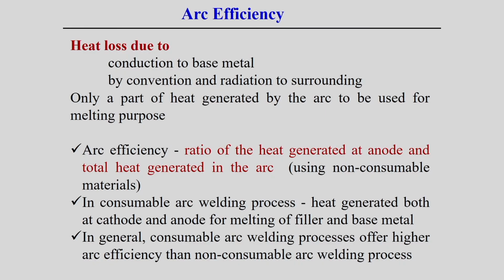Now, we can look into the other terminology, arc efficiency. Arc efficiency can be defined as follows: between the workpiece and the electrode there is a gap, and within the gap the arc is created. When the arc is created with the application of a certain current and voltage, not all the energy generates heat energy that is responsible for melting the workpiece material.